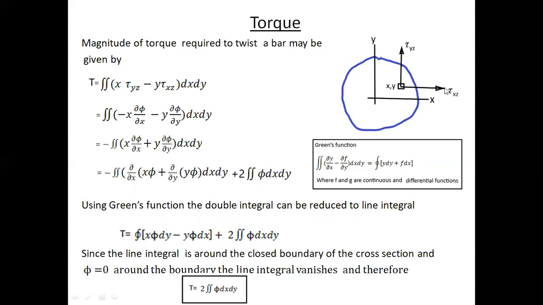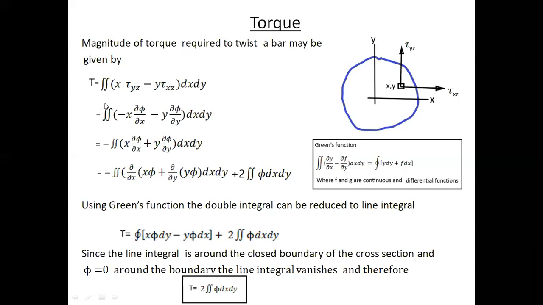And then we take tau xz multiplied by y, and that will be clockwise. So this is minus. And this is the total torque on this element. So we have to integrate this over the whole zone, and hence we write dx dy, which is the area, and we double integrate this.